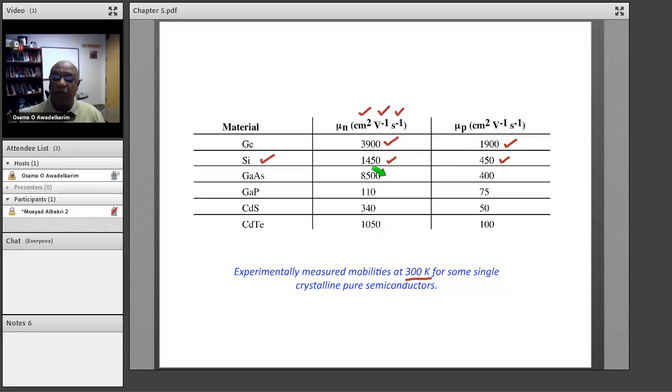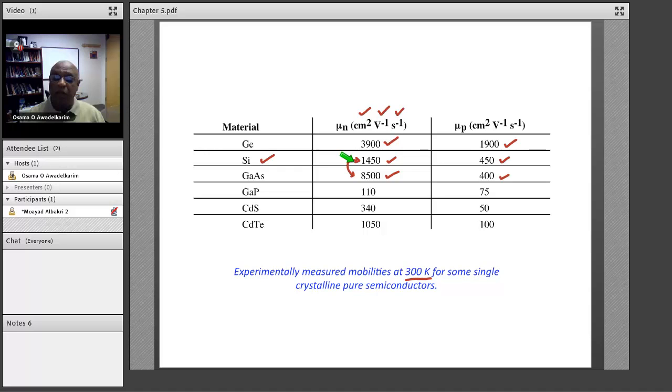Look at gallium arsenide though, 8500 for electron mobility and 400 for holes. But it's interesting to compare the electron mobilities in gallium arsenide and silicon. You can see that in gallium arsenide, the electron mobility is almost 8 times higher than that of silicon, which is very significant.